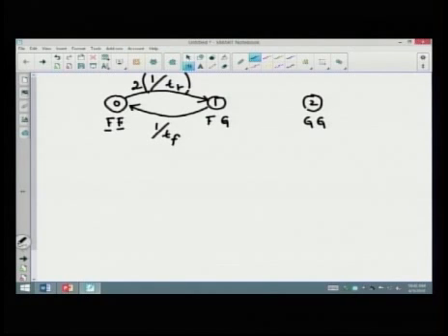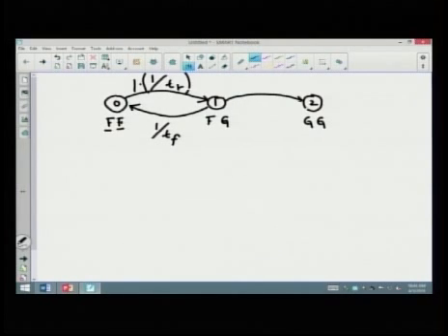That's why you do not multiply by 2 here. You need to multiply by 1 because there is only one repair facility.